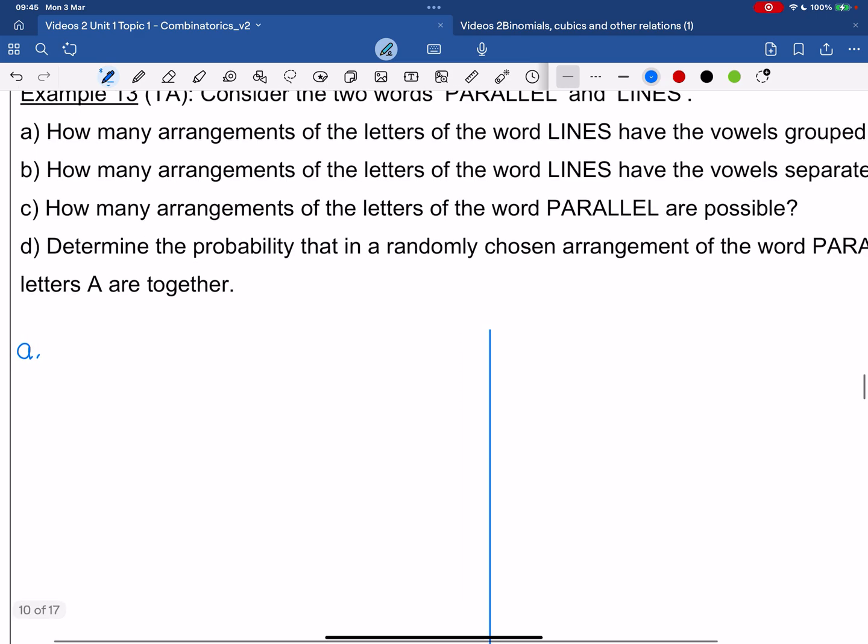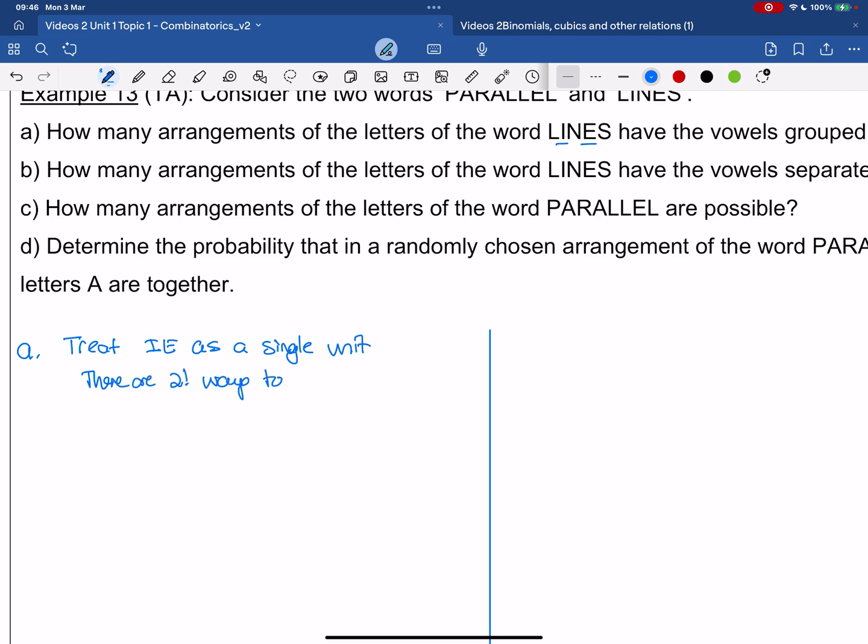Well, if I have a look, I've got two vowels, so I'm going to treat I and E as a single unit, and I can write that as IE or EI. So there are two factorial ways to arrange it.